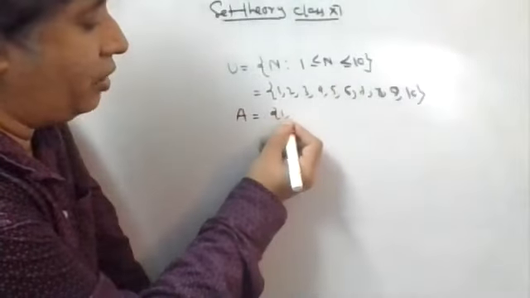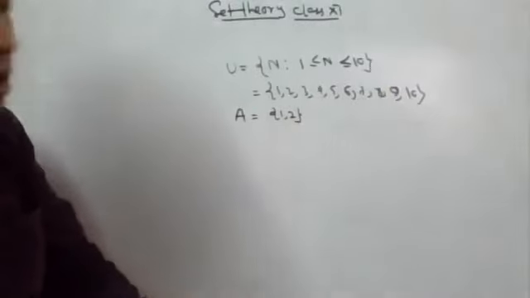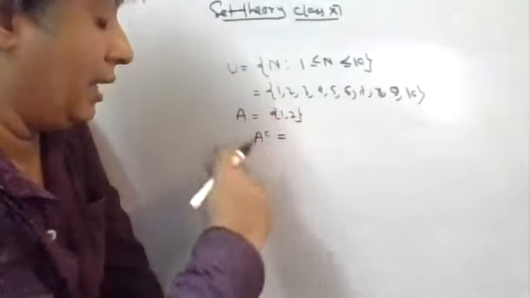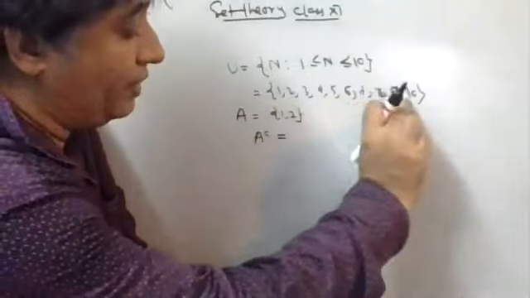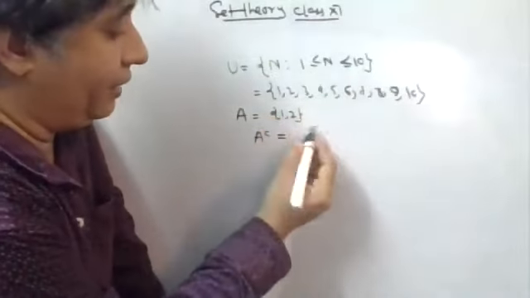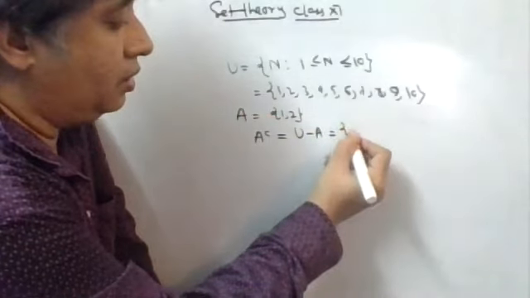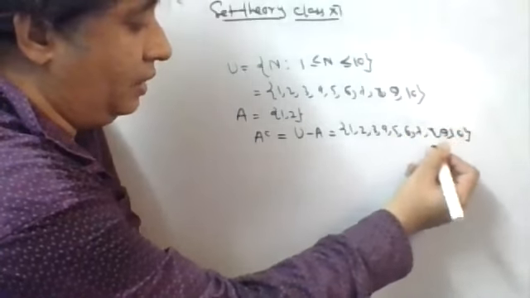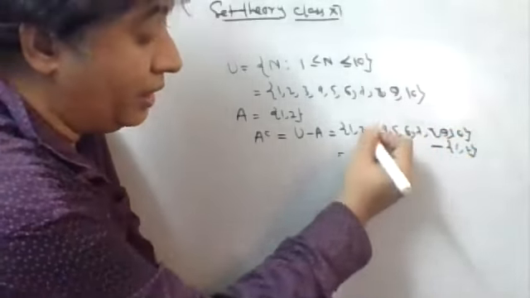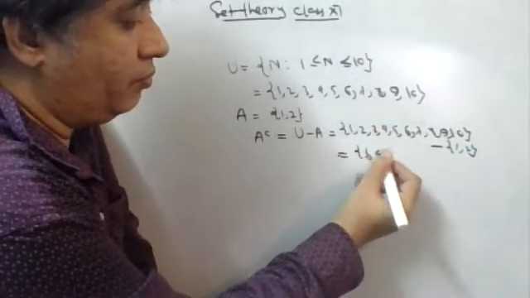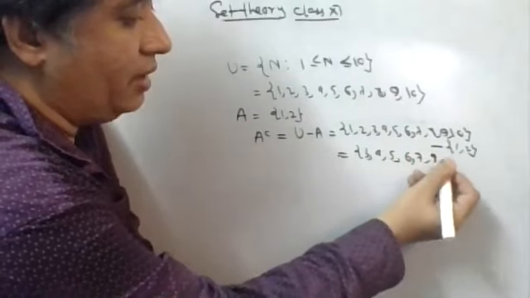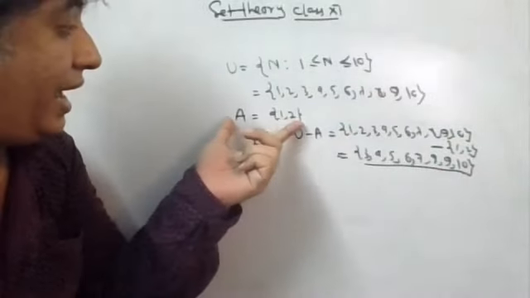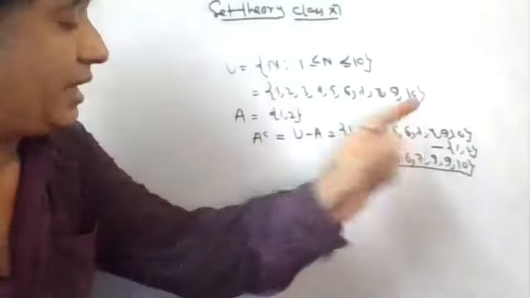Now A is a set containing 2 elements, 1, 2. What is A complement? A complement means that part of the universal set which excludes the set A. That means 1 to 10 excluding 1, 2. So the remaining part is 3, 4, 5, 6, 7, 8, 9, 10. So this is A complement with respect to A, if we consider this set as the universal set.